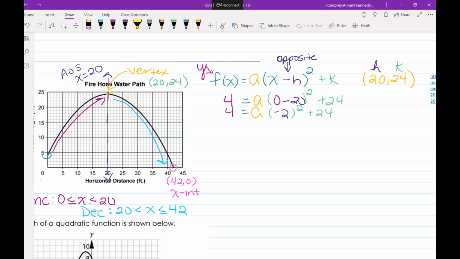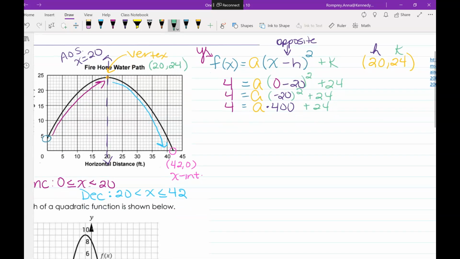Okay. Oh, that's 20, not 2. So now we square. So negative 20 squared gives us 400. So we have a times 400. That sounds better. All right, equals, and we bring down the 4 and bring down our positive 24.